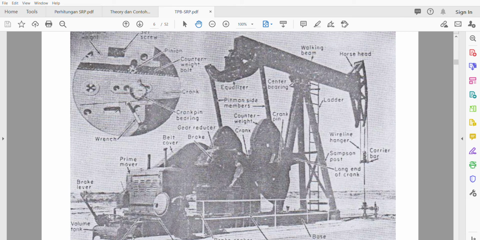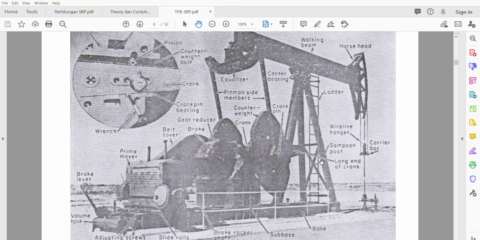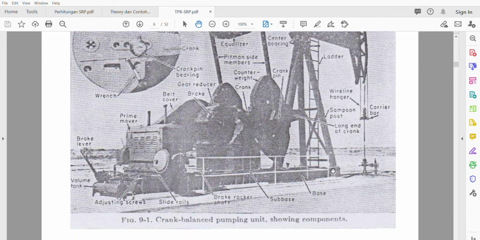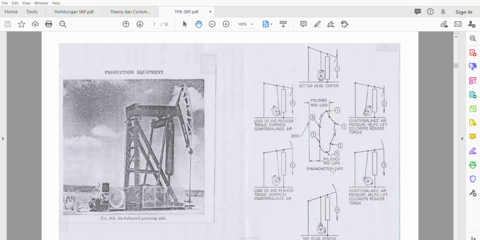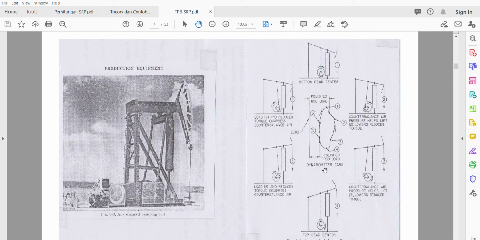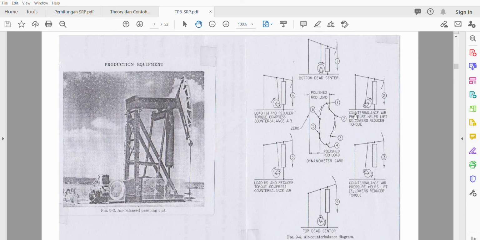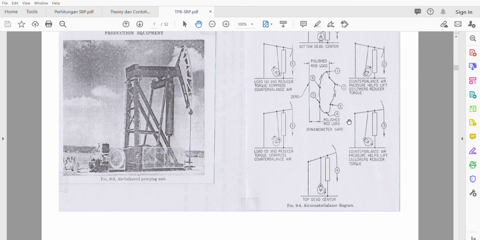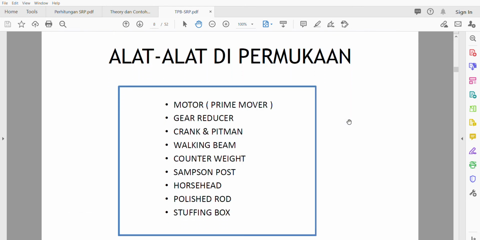Sucker rod is usually for low grade. This is the same thing here, the Samson post, etc. And this is another one, air balance pumping, almost the same as the Mark II. This is where we talk about the dynamometer card.